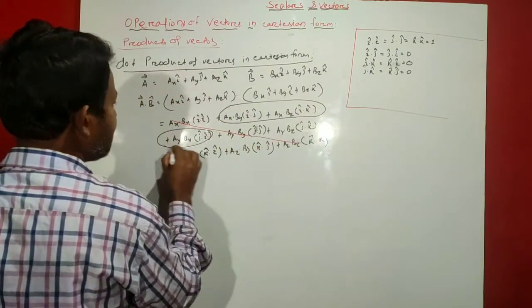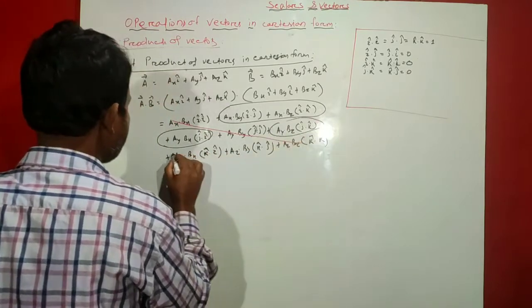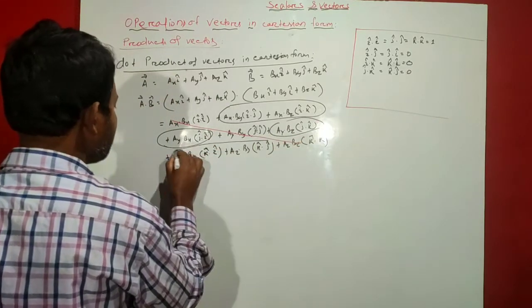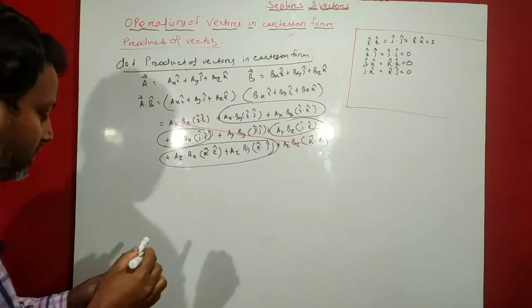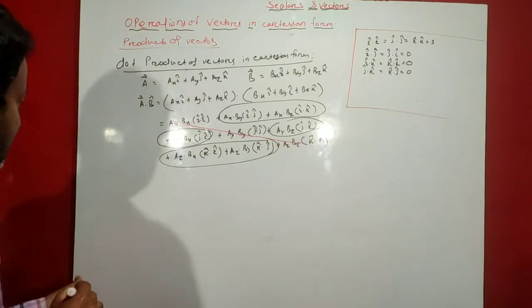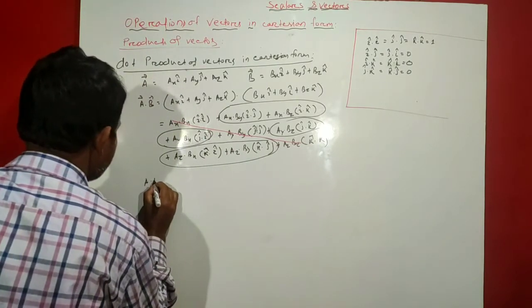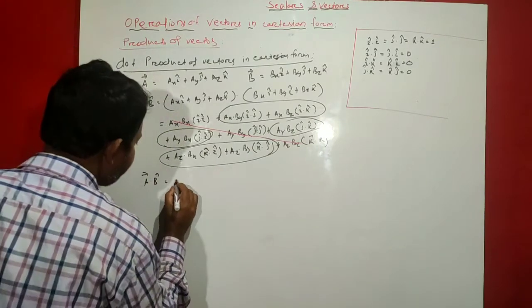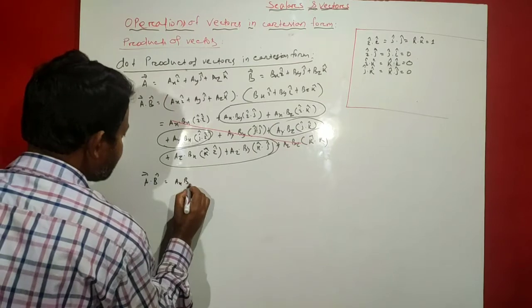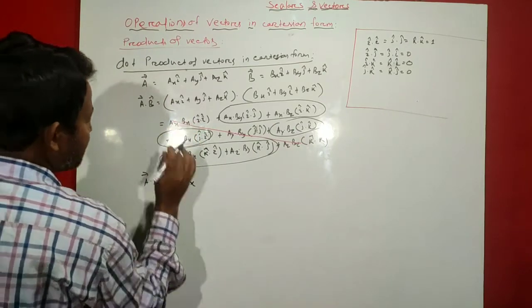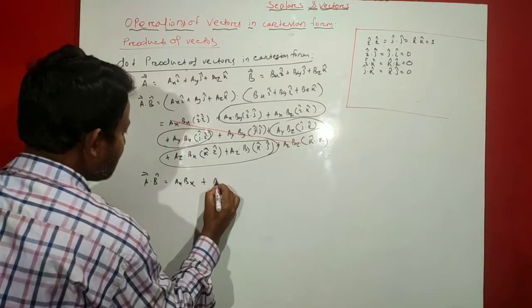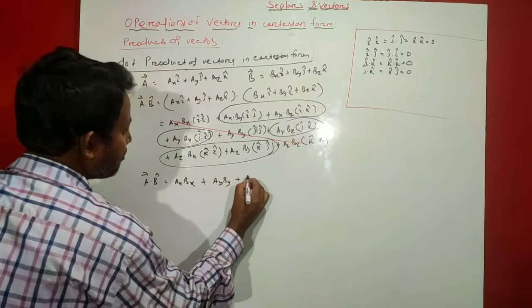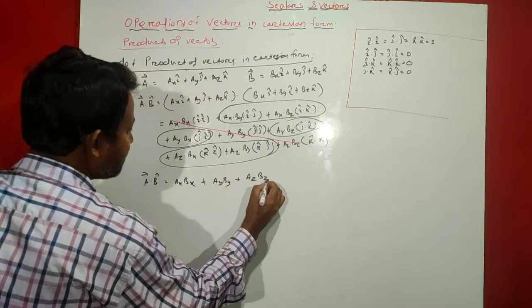Look here, this will be 0. That means A dot B will be ax bx plus ay by plus az bz.